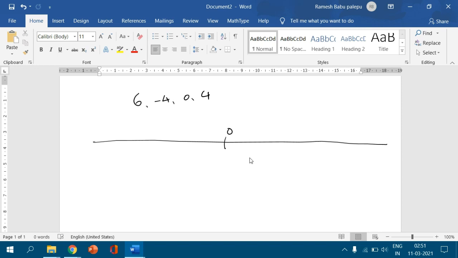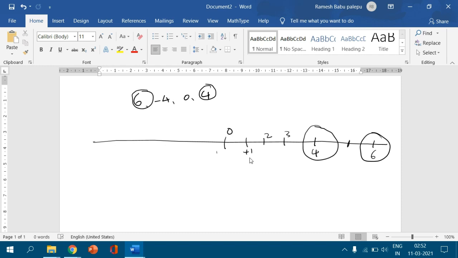On the right side of 0 there are positive numbers. This is 1, this is 2, this is 3, and this is 4, plus 4 or 4. We are representing 0 and plus 4 here. And this is 5 and this is 6. So we represent the positive numbers.